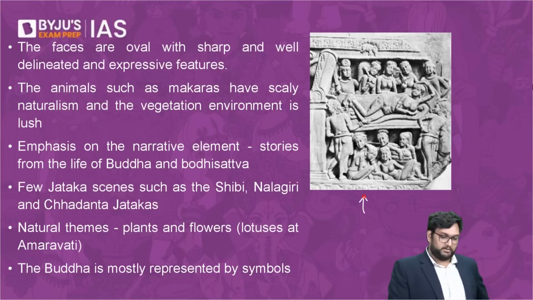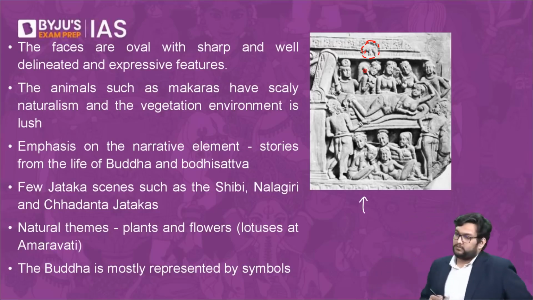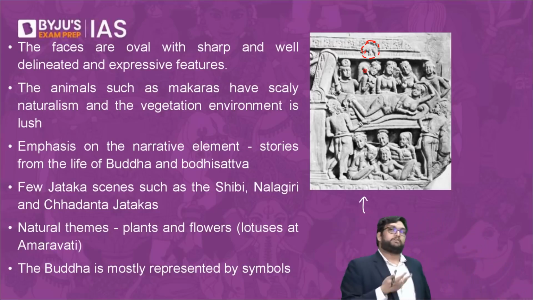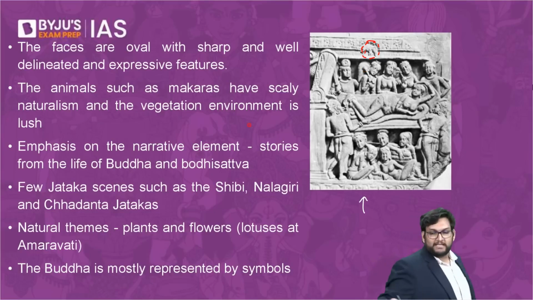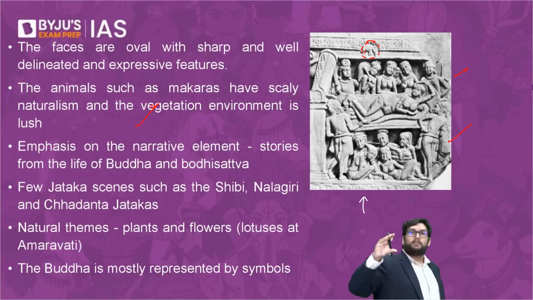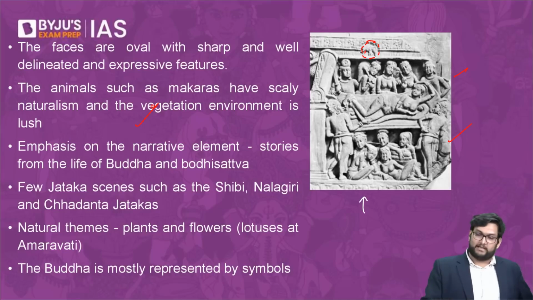Very good. The elephant shown here. So the elephant represents how Buddha is going to now take birth. So you can see that the subsidiary images have become much more elaborate. Even, for example, the crocodiles, which is the makaras, are shown with very realistic scales in that regard.